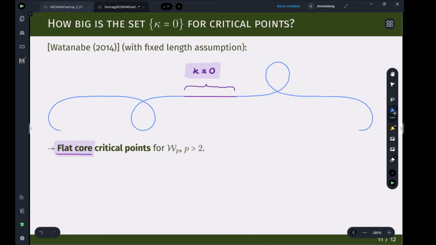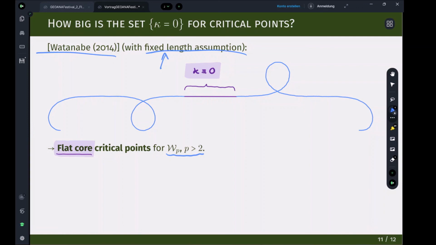But in fact, with a fixed length assumption, there was already constructed a critical curve for this p-elastic energy, namely by Watanabe. But under this fixed length assumption, which is therefore a different context from ours.